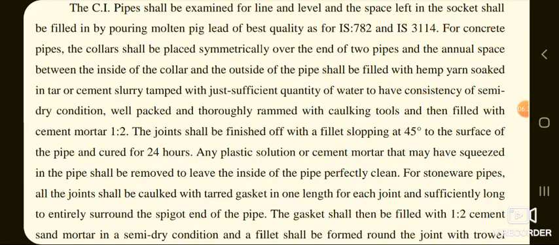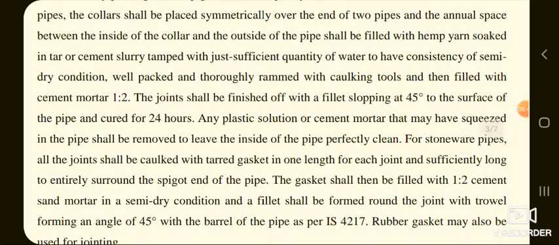the annular space between the inside of the collar and the outside of the pipe shall be filled with hemp yarn soaked in tar or cement slurry, mixed with just sufficient quantity of water to have consistency of semi-dry condition, well packed and thoroughly rammed with caulking tools, and then filled with cement mortar of proportion 1:2.